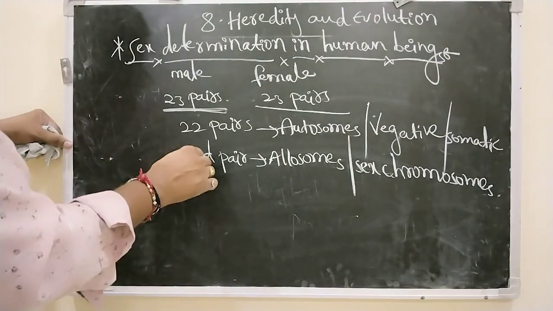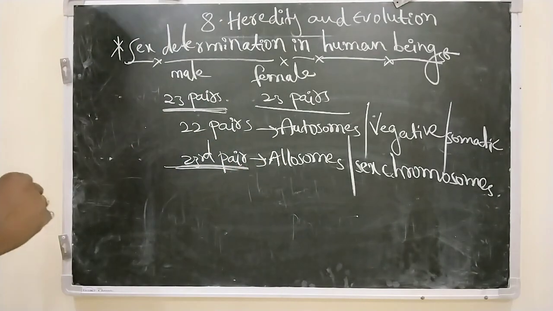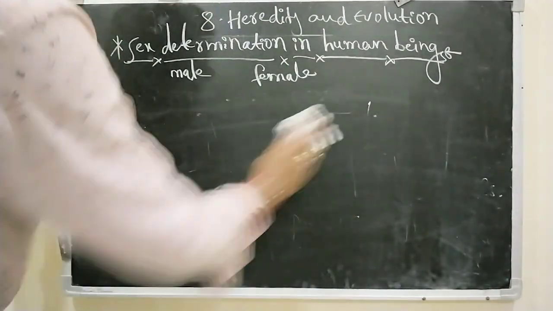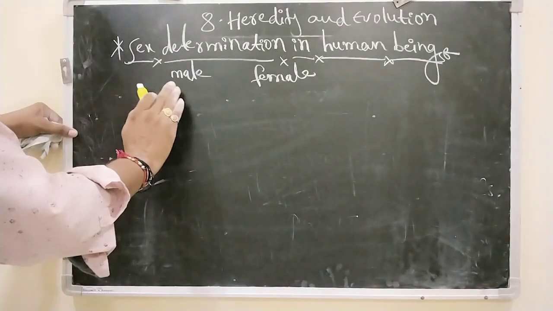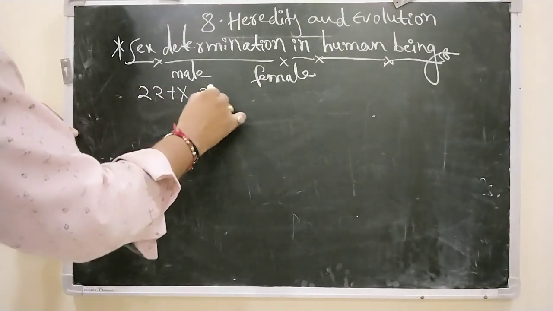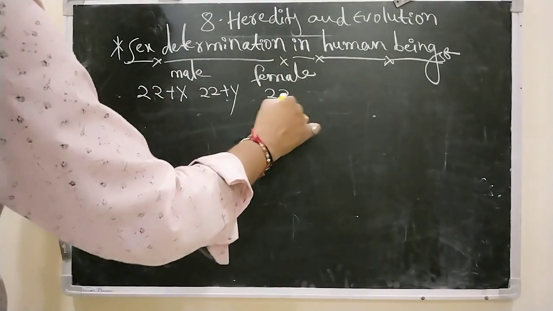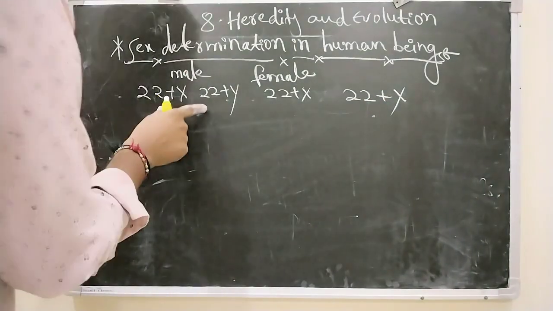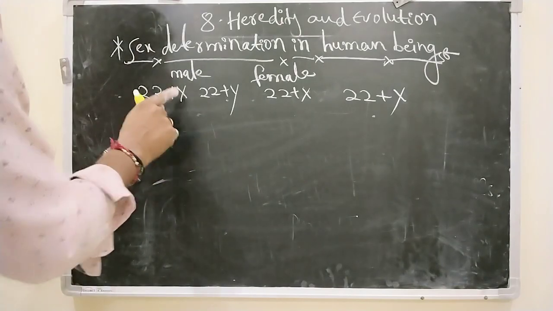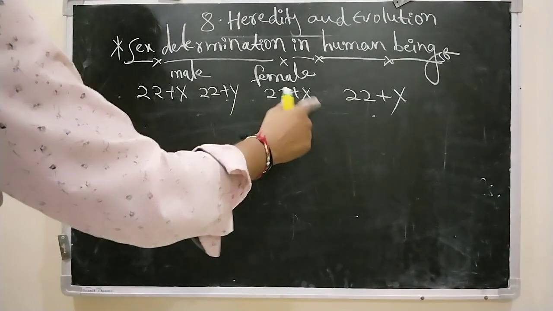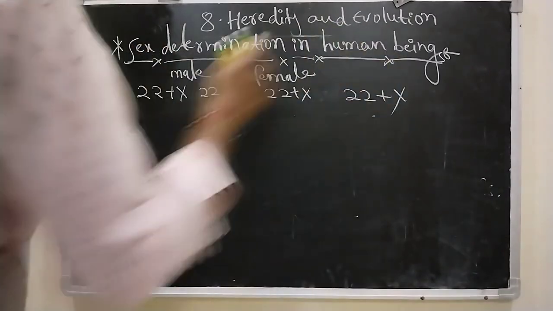Here, how the inheritance is passed is because of the 23rd pair. How many are there in male? 46 chromosomes, present like this: 22 plus X, 22 plus Y. In female also 22 plus X, 22 plus X. The difference is that in males the 23rd pair allosomes are the X chromosome and the Y chromosome, whereas the ovum contains X chromosome and X chromosome.